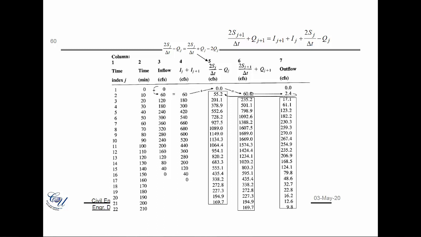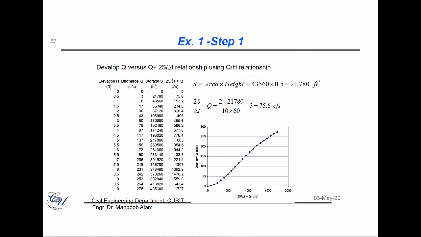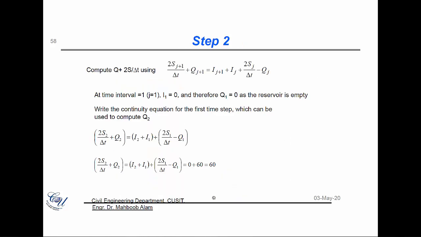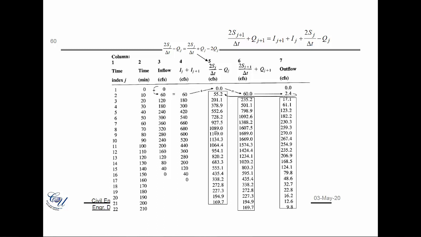And now once I get this 60, from this I'll go back to the graph that I calculated here, and I'll see what the value is, because you see this 60 is 2S by delta t plus Q. So I'll locate this value on the x-axis, and for this value I'll find out what the outflow is.